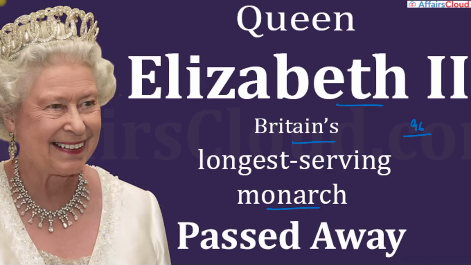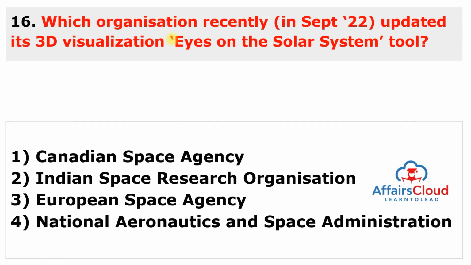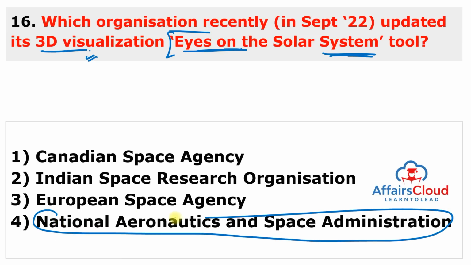Moving to next question. Which organization recently updated its 3D visualization Eyes on the Solar System tool? So very important, and the keyword here is the Eyes on the Solar System tool. This 3D visualization tool is launched by NASA, the National Aeronautics and Space Administration. So 4 is the answer.